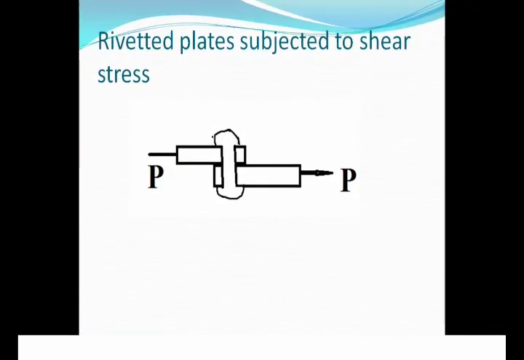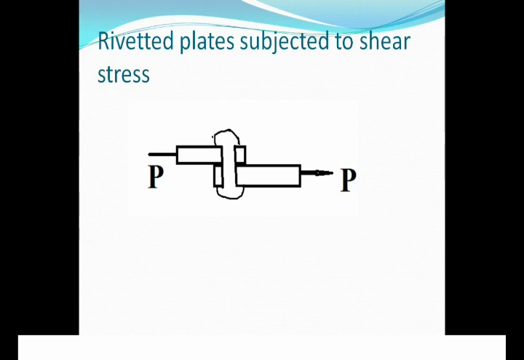This slide shows a simple example of a rivet in which two plates are connected by a rivet. The force P is acting in opposite directions. So in this case, what is the effect of the force P acting on the element? Now here the bar, that is the rivet, and the forces acting are along the cross section of the element.